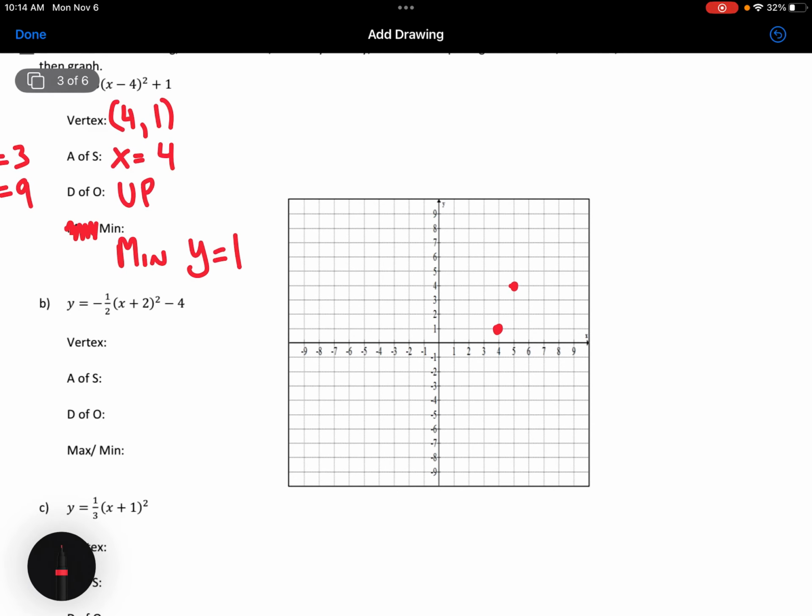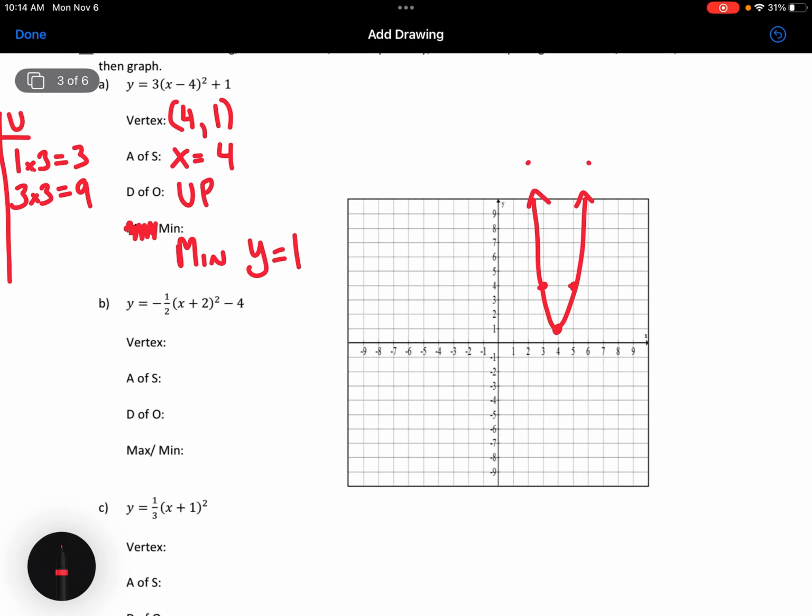So I'd be off the graph here. I'm at 4, I'd be up to 13, which would be kind of in this neighborhood. And then same thing over here, up here somewhere. And then we would just connect our dots, so we'd be like this and like that.